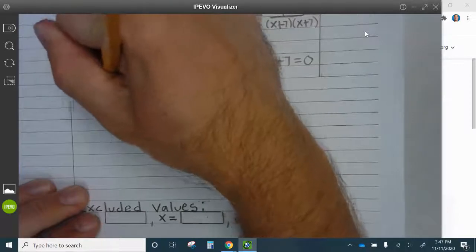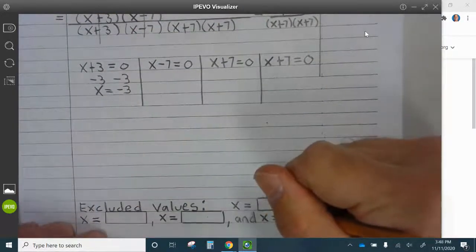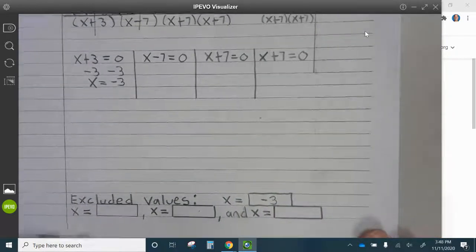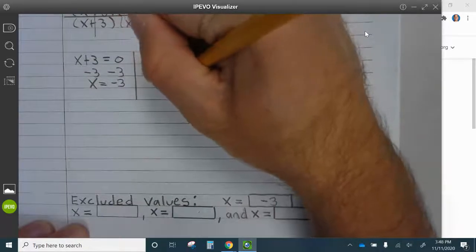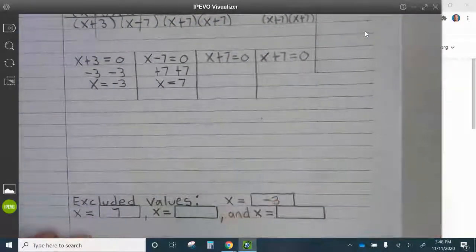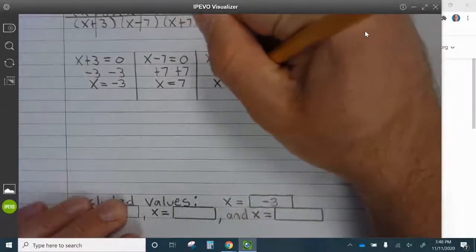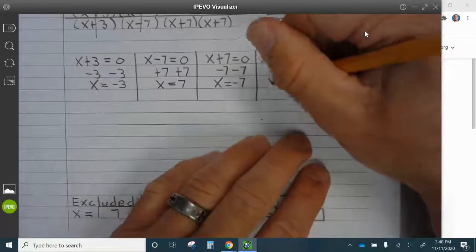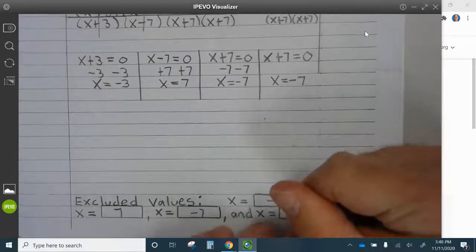So x equals negative 3. That's our first excluded value. Okay, add 7 to both sides. X equals 7 is our next excluded value. Subtract 7 from both sides. X equals negative 7, and that's also going to be x equals negative 7. So negative 7 and negative 7.